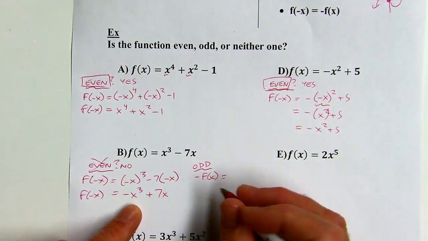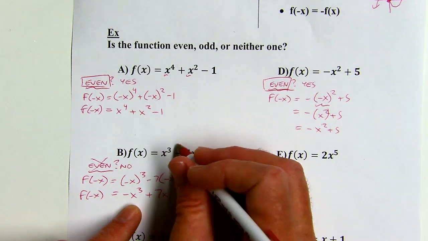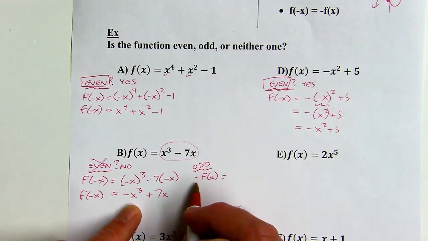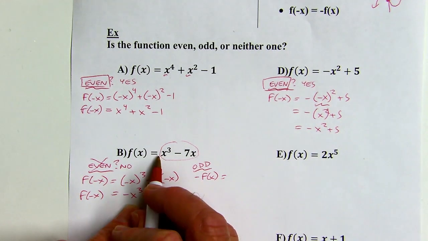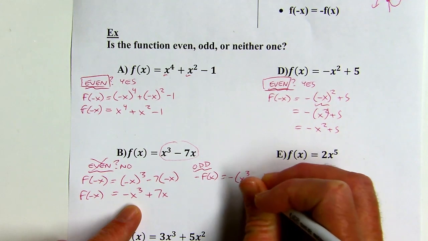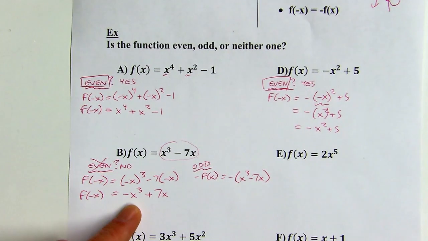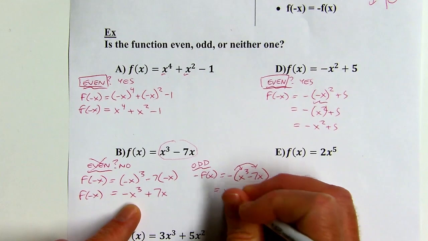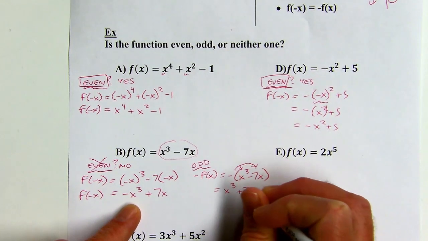That means I'm taking the opposite of f of x. F of x is equivalent to all of that. I'm taking the opposite of the whole thing. It's not as simple as just putting a negative in front of the x to the third, though, because I'm taking the opposite of both terms. So I want to set it up like that and then distribute the negative. So this is going to be negative x to the third plus 7x.